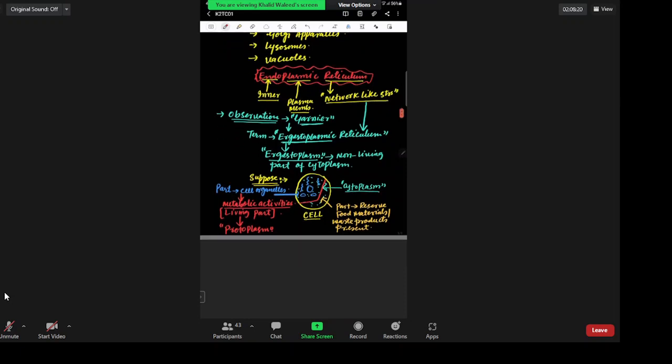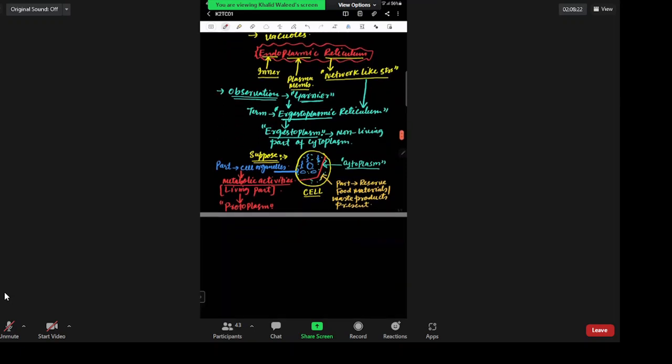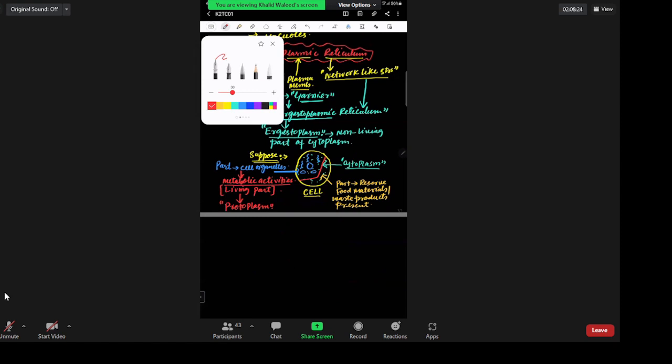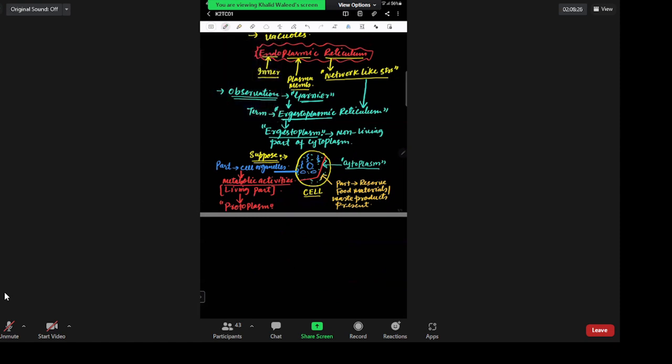On the other hand, the part of cytoplasm where reserve food materials are seen, where waste products are seen, here no metabolic activities. Why are there no metabolic activities? Sir, because there are no cell organelles.